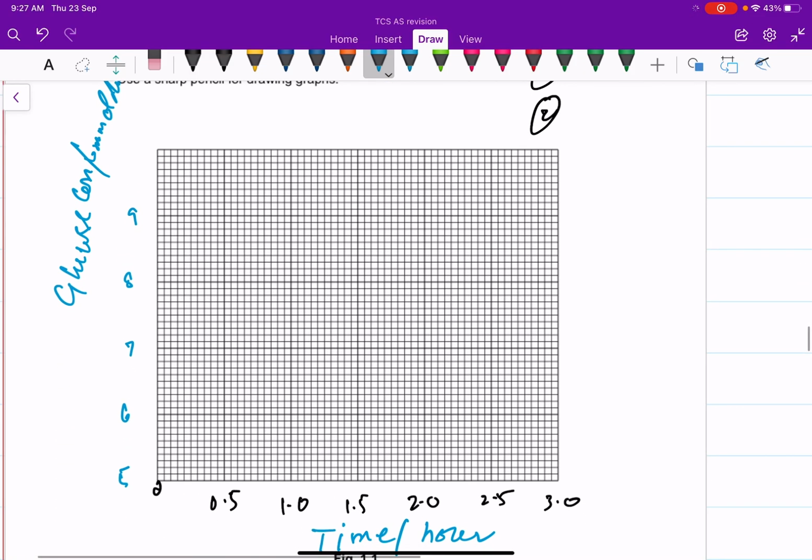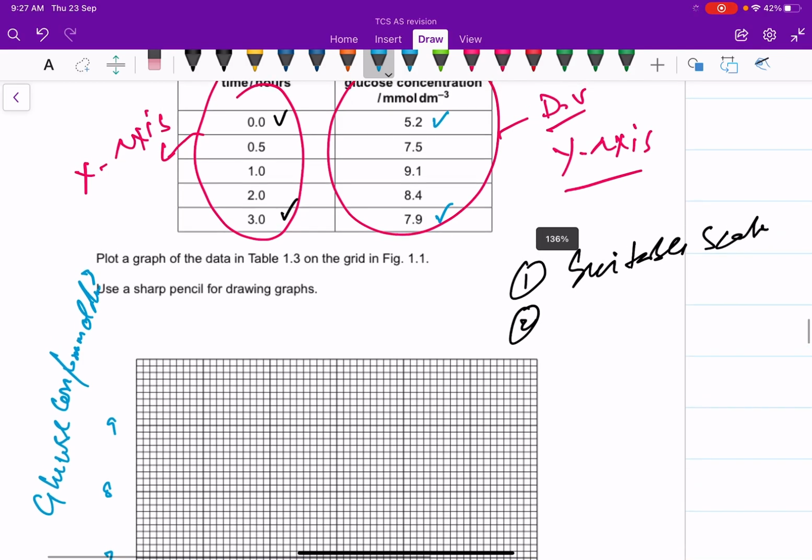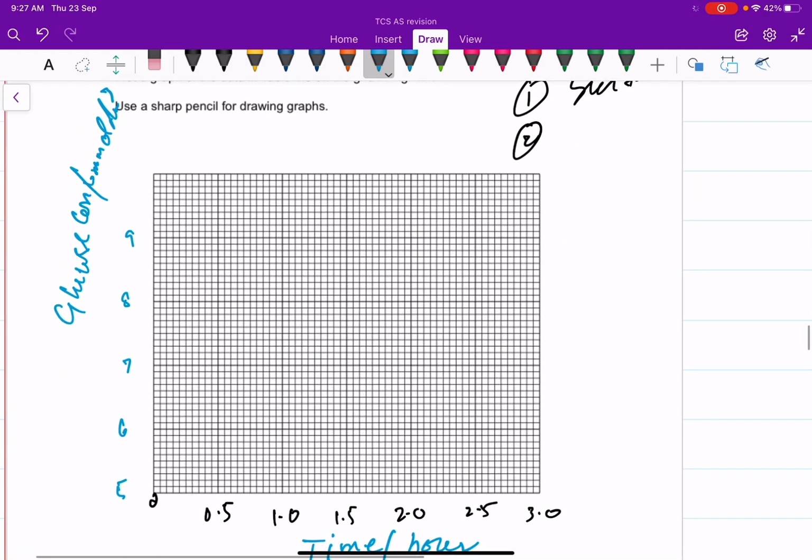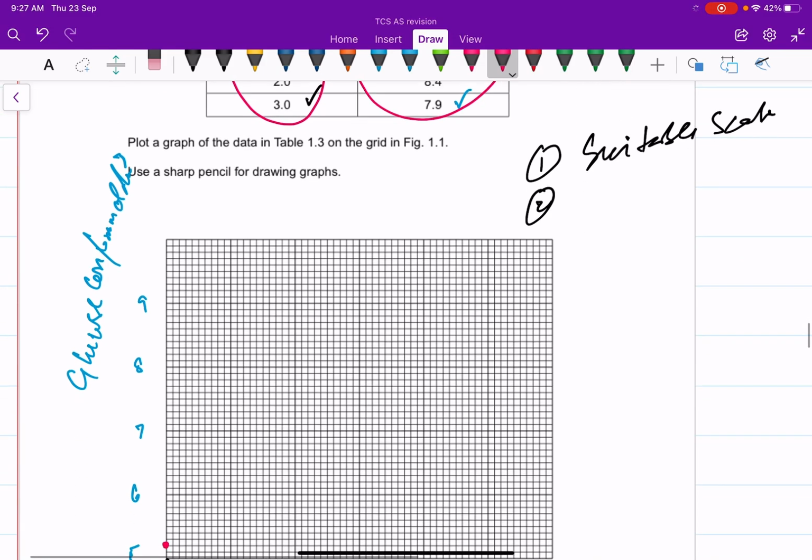Okay, then the next point is against 0.0, it should be 5.2. So pick up a value from here, and you should put a dot here. It should be 5.2. Okay, so this is 5.2. Then against 0.5, it is 7.5.